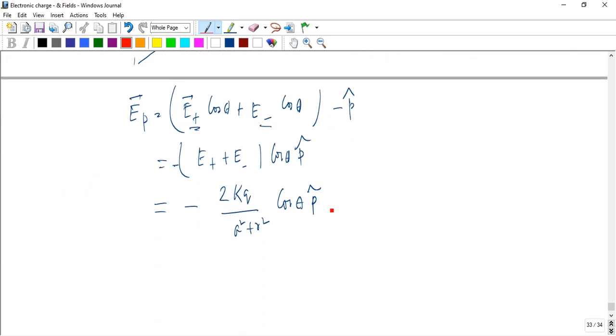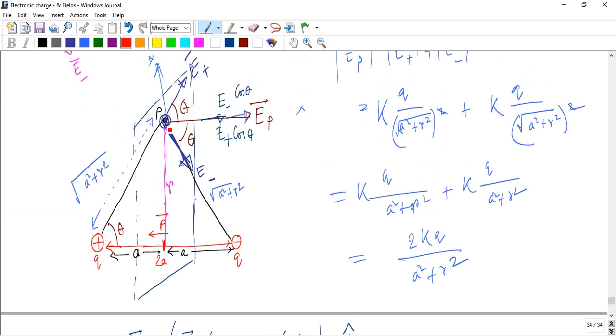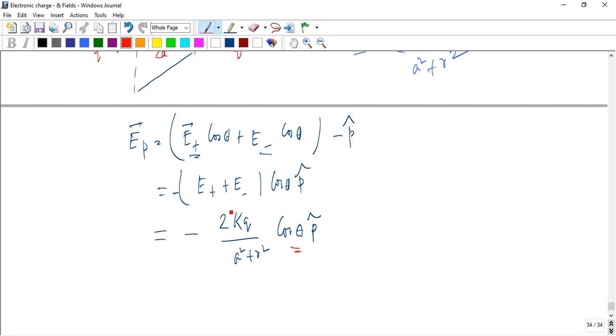Let's make it clear. Now what is the value of cos theta? See the diagram first. P is a point, small q, and this is the center point of the dipole. That is a right angle triangle, and cos theta is base by hypotenuse. You know that trigonometric ratio. So cos theta equals A by root over A square plus R square.